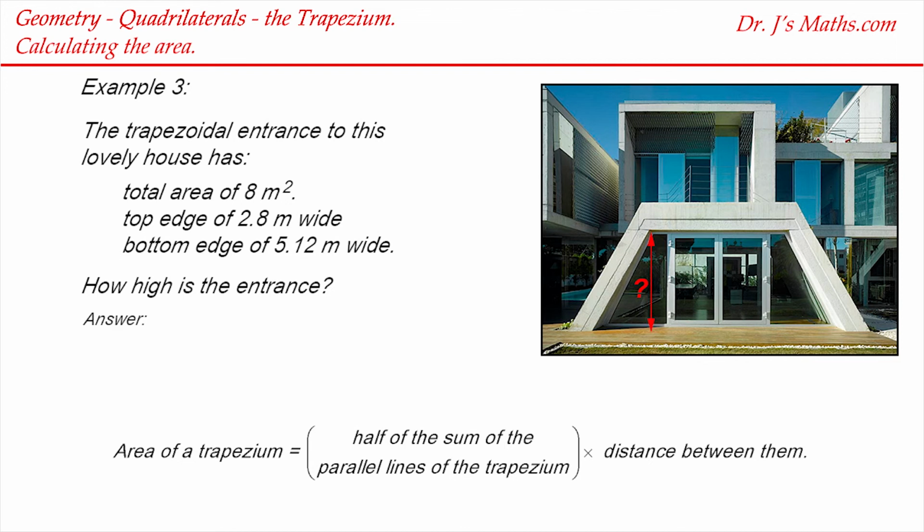Well, we know the area is 8 metres squared. 8 equals the sum of the parallel sides, 2.8 plus 5.12, all divided by 2, times the distance between them, which we can call h. Put all that into your calculator and h turns out to be 2.02 metres or 2,020 millimetres.